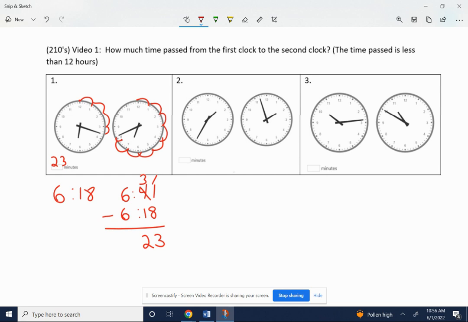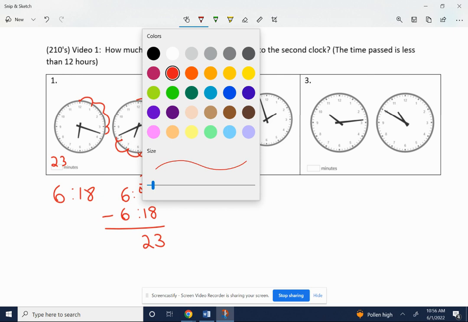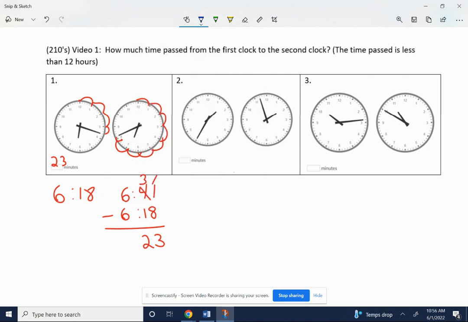Let me show you briefly another way to think about this. Clock 1 is at 6:18, so I could try to show 6:18 and 6:41 at the same time. Just think about those two minute hands at the same time, and then you could think about the minutes between these.